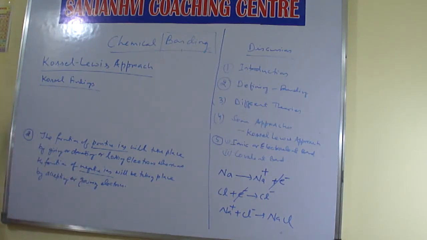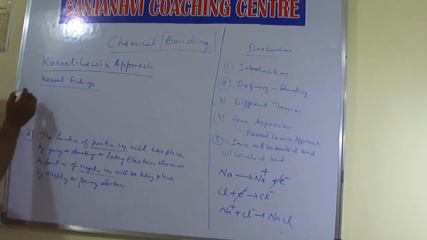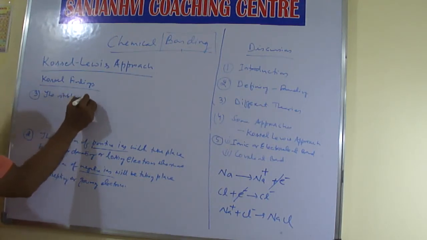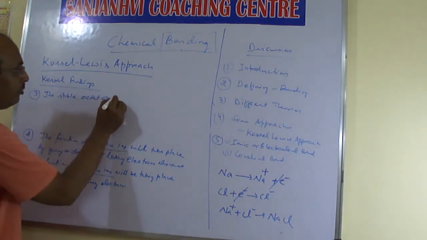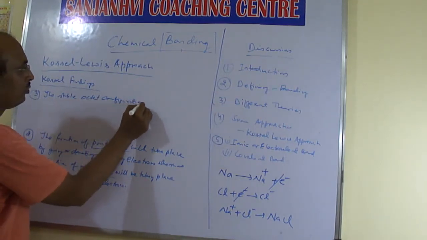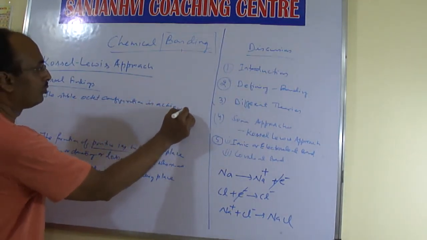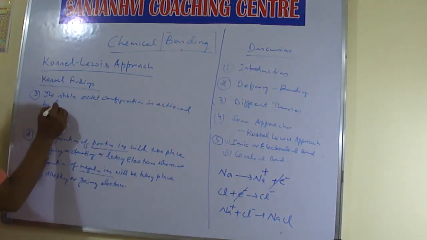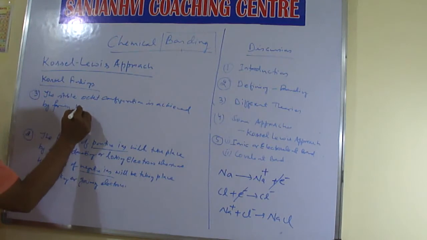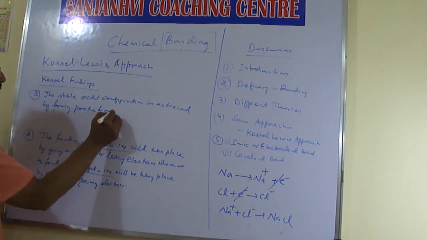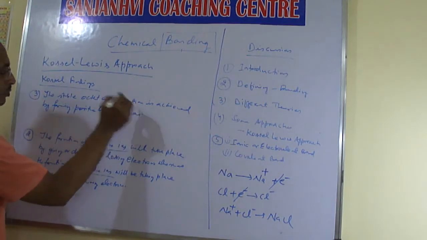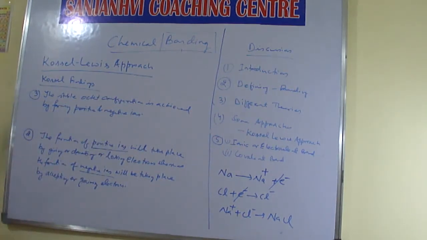So that can be written as a point: the stable octet configuration is achieved by forming positive and negative ions.